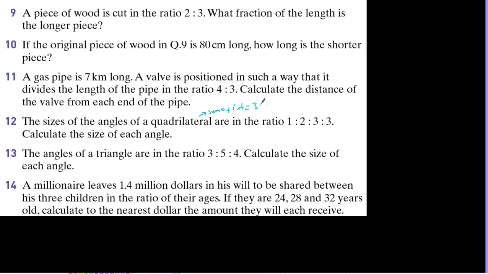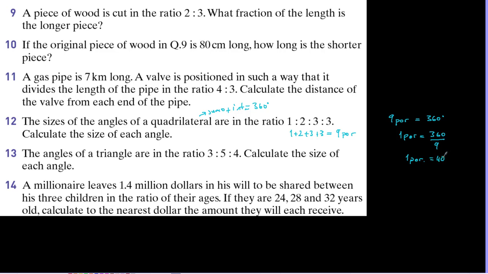Then here we have one portion, two portions, and totally 1 plus 2 plus 3 plus 3 portions, which is equal to 9 portions. So if 9 portions are equal to 360 degrees in the quadrilateral, one portion should be equal to 360 over 9.